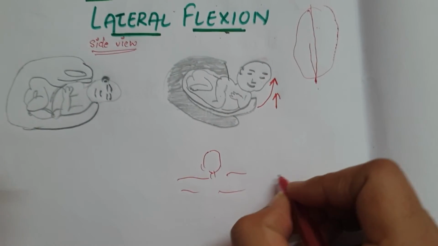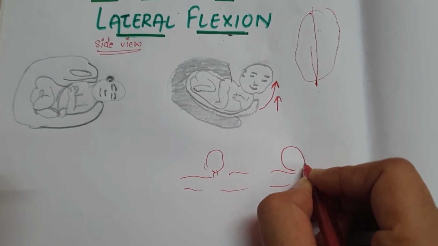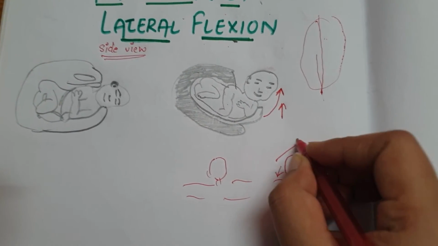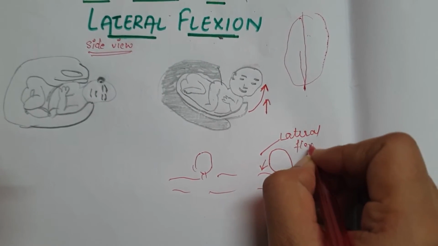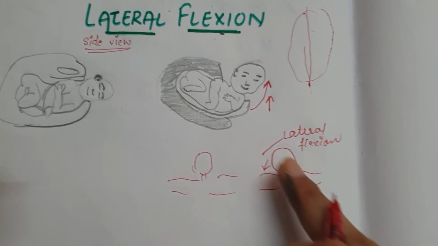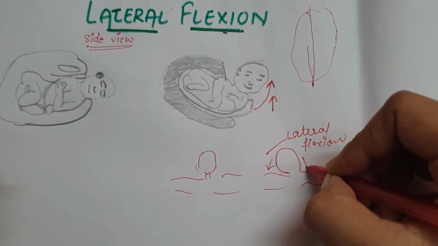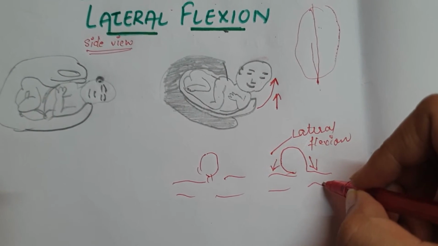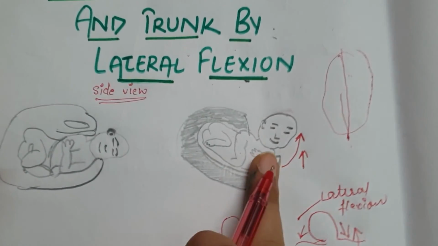In lateral flexion, the head is moved towards one side shoulder, that is known as lateral flexion. So when the head is moved toward one side, the pressure arises here. So due to the pressure, the posterior arm is pulled in the fetus, like here.